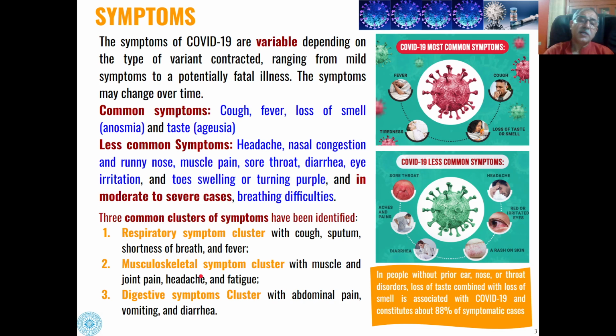The second category is the musculoskeletal symptom cluster, where people experience muscle pain, joint pain, headache, and fatigue in their body. And the third category is the digestive symptom cluster, where we experience abdominal pain, vomiting, and diarrhea.